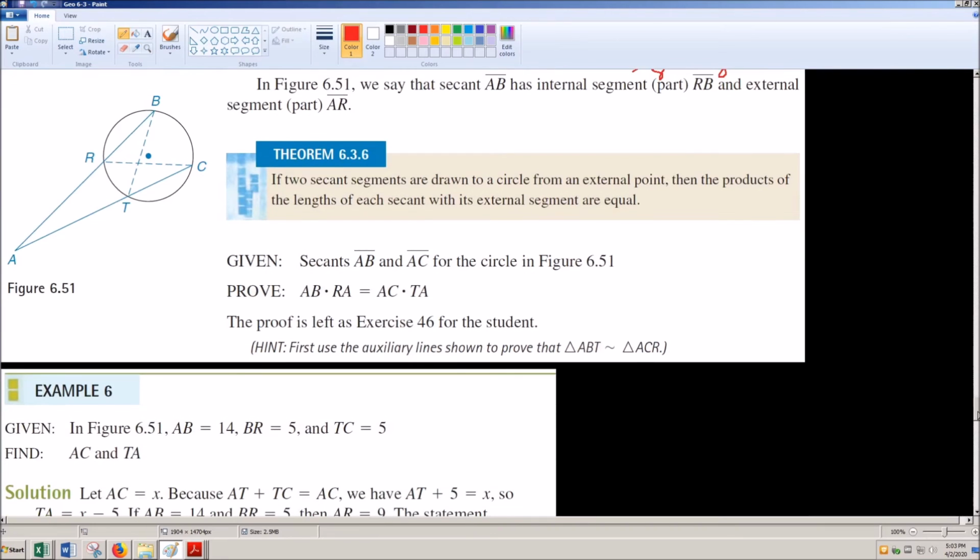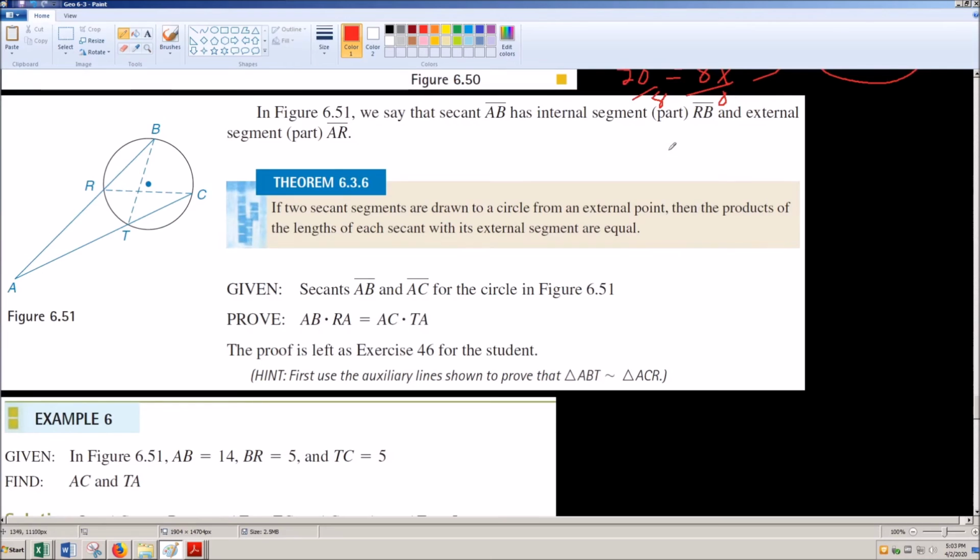Looking at 6.1 here, we would say that we have a secant and another secant. So when we're looking at these things, we're saying it intersects at 2 points here, and we're intersecting at 2 points here, common to an external point A. So basically both these things are reaching out to A. What we're going to say is two secant segments drawn to a circle from an external point, the products of the lengths of each secant with its external segment are equal.